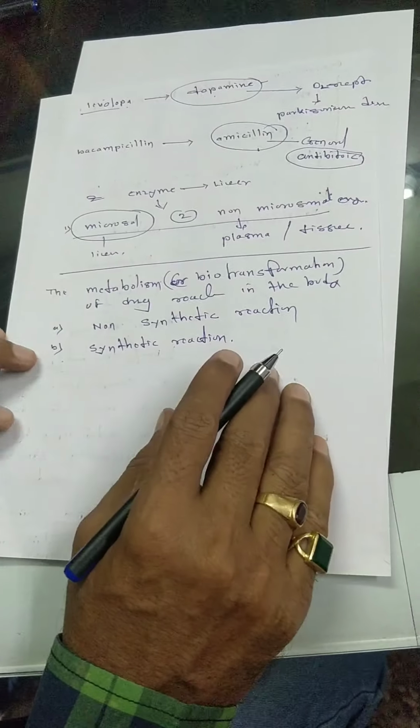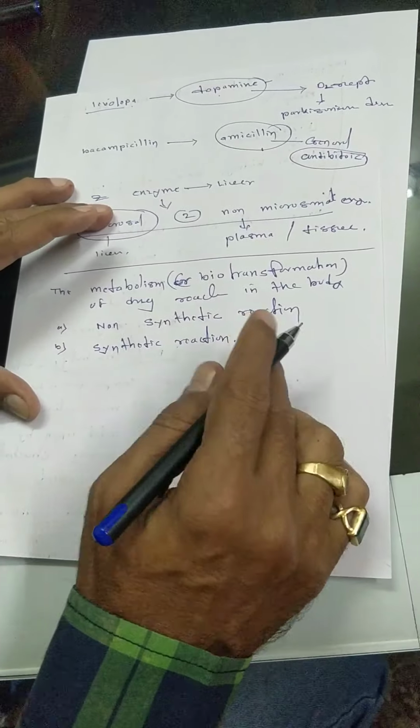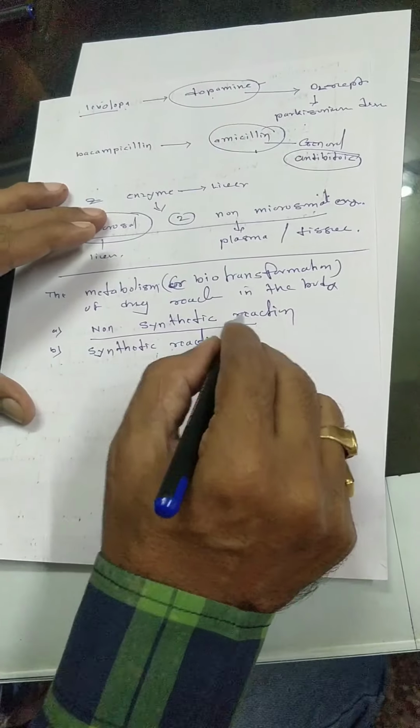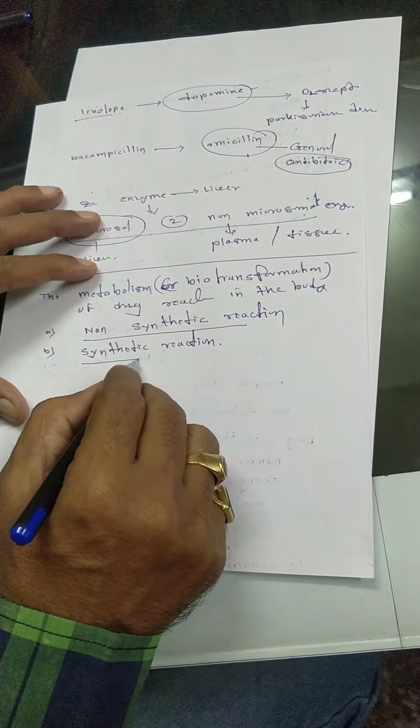These are the two types of reactions generally performed in the liver: non-synthetic reaction and the synthetic reaction.